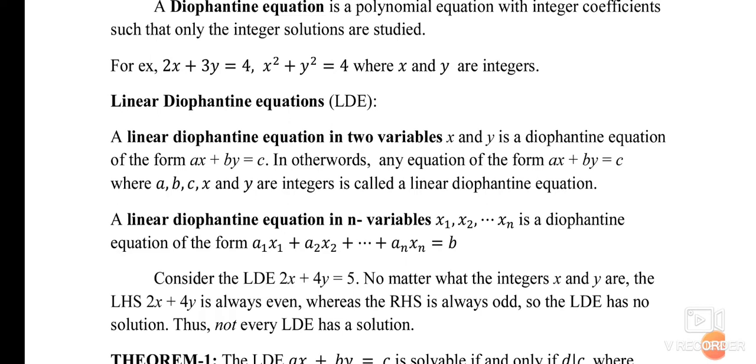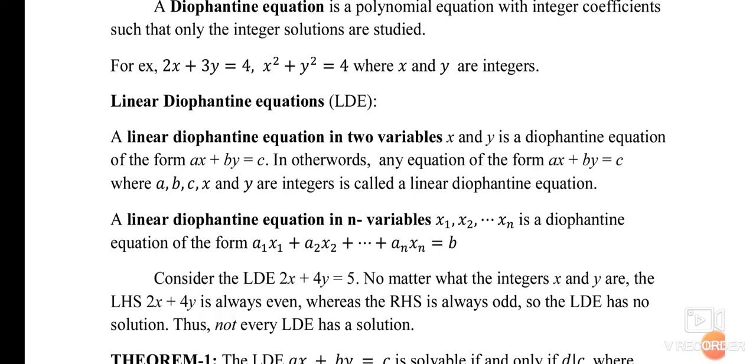Thus, 2x + 4y is always even, whereas the right hand side of the equation is 5, which is odd. An even number cannot be equal to an odd number. So, there is no x and y satisfying the LDE 2x + 4y = 5. So, the LDE has no solution.